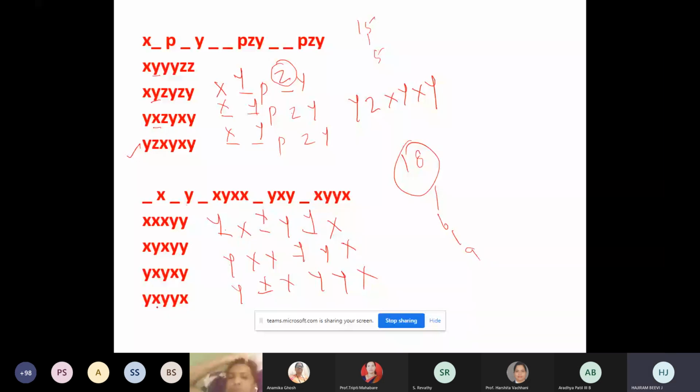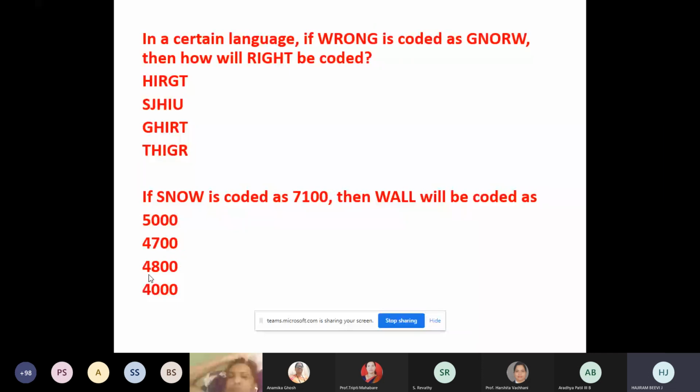Then the next one: in a certain language, if wrong is coded as G, N, O, R, W, how will right be coded? The options are HIRGT, SJHIU, GHIRT, then THIGR. Okay, wrong.